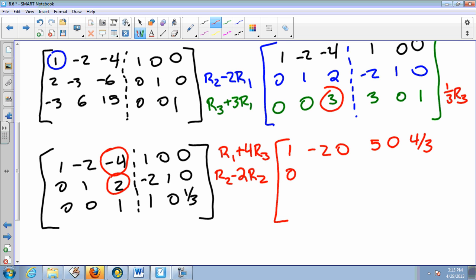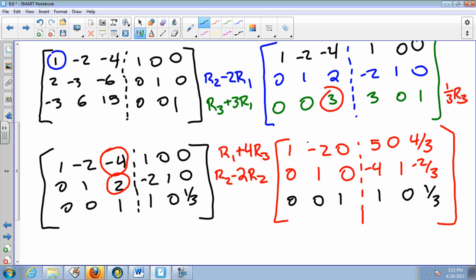Goes to 0, 1, 0, -4, 1, -2/3. And row 3 stays the same.